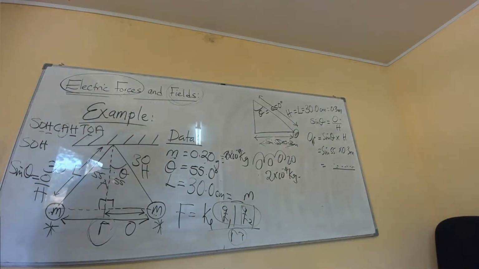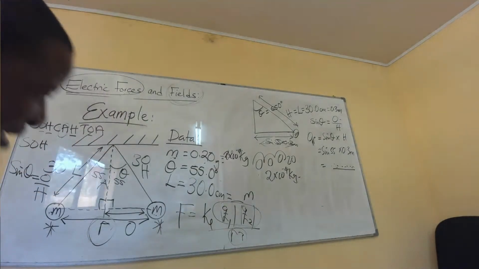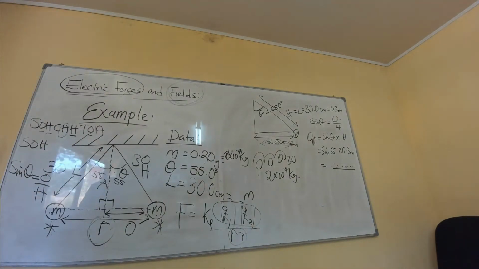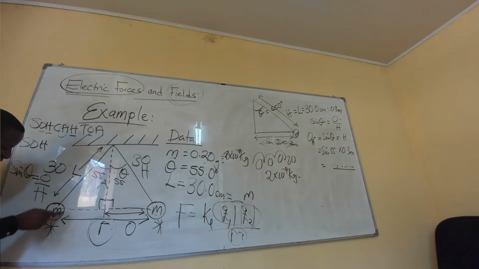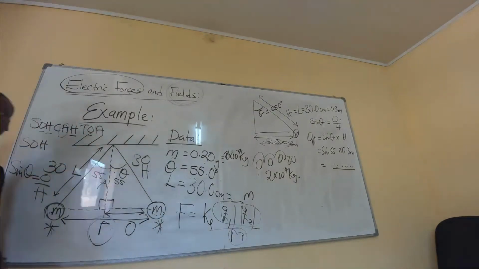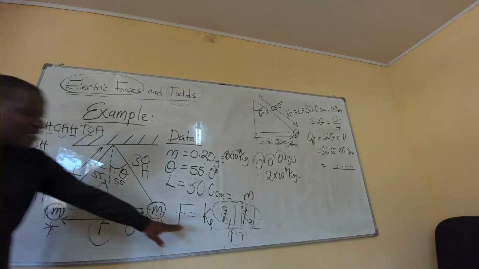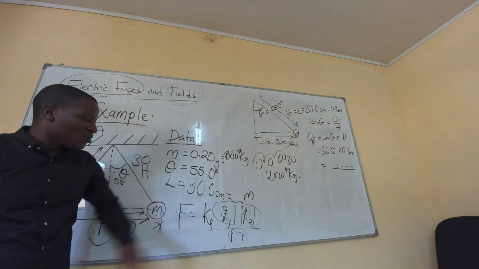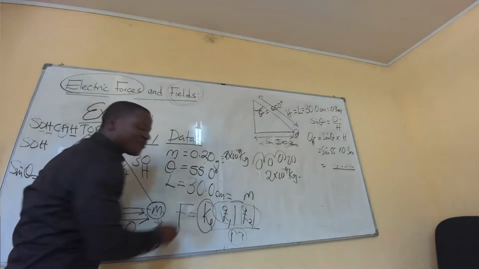When you go to the question, there is a critical part where it says the spheres are given the same charge. So the charge on M1 must be the same as what? As M2. It's very important. From this formula, which is from Coulomb's Law, this constant you'll be given in an exam.